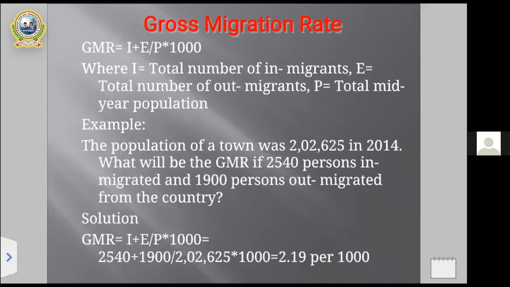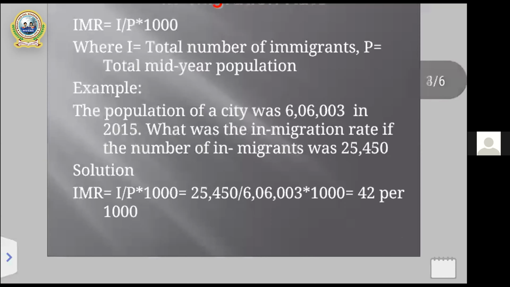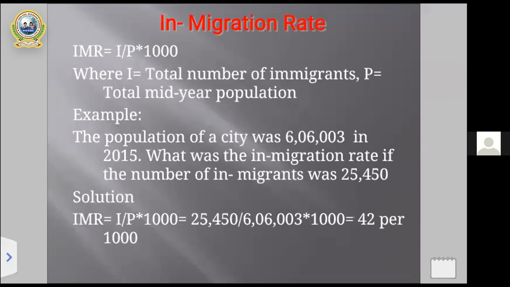No, sir. Can you tell me the formula to calculate gross migration rate? Total number of in-migrants plus total number of out-migrants divided by population of total media into 1000.